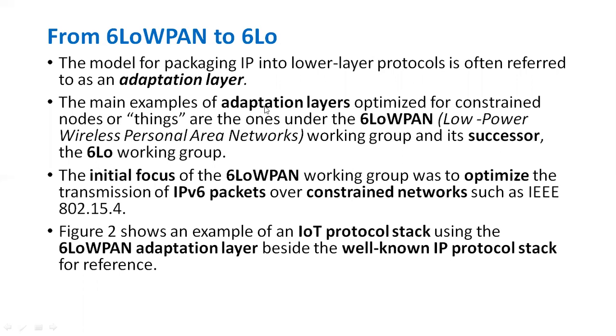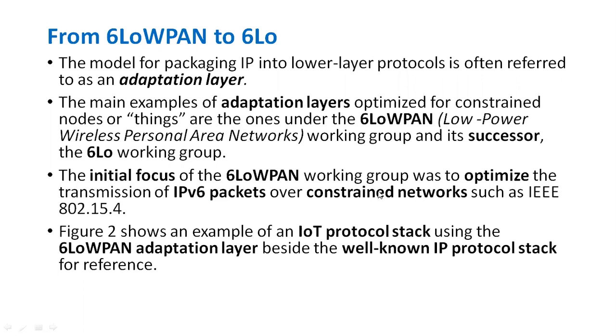Here, adaptation layers usually optimize these constrained nodes or constrained networks. Remember, the initial aim, the basic aim of 6LoWPAN, was to optimize the transmission of IPv6 packets over constrained networks.